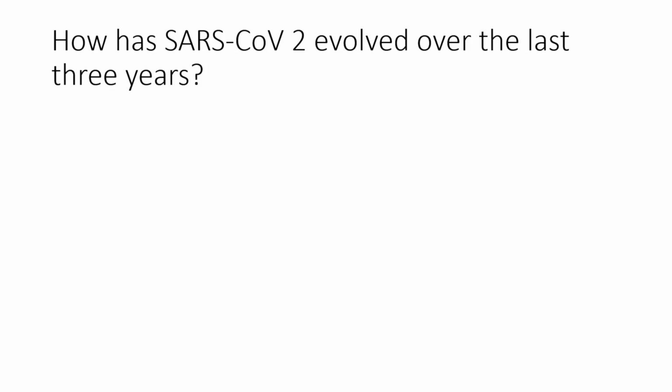So we are going to talk a little bit in this course about evolution and how that affects living organisms. Something that we've all been watching over the past few years is the virus SARS-CoV-2. Can anyone tell me a little bit how it's evolved over the last few years since it came into our lives?